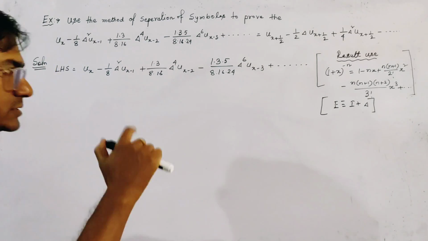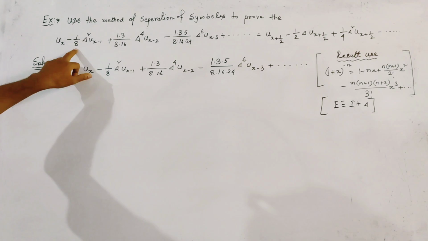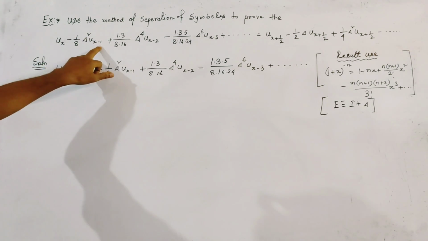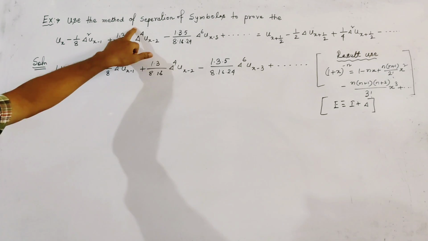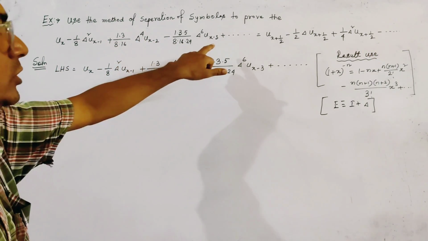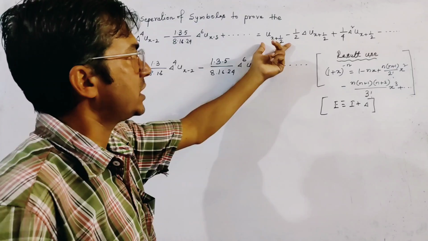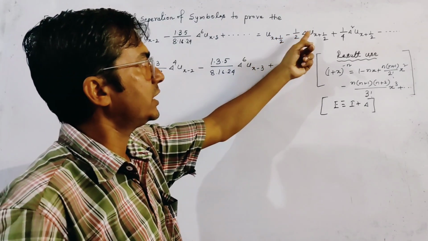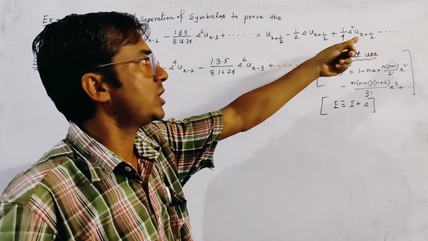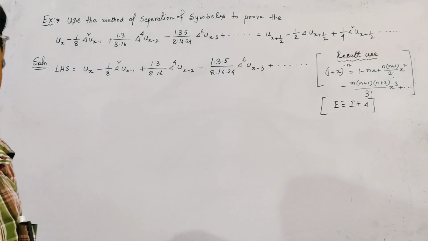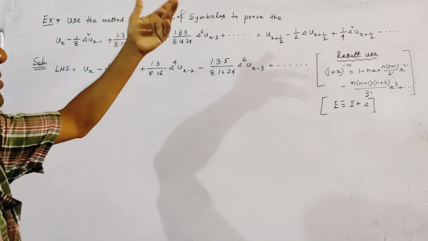The relation is: u_{x-1} minus 1/8 delta squared u_{x-1} plus (1·3)/(8·16) delta to the power 4 u_{x-1} and so on. We have to prove that this is equal to u_{x+1/2} minus 1/2 delta u_{x+1/2} plus 1/4 delta squared u_{x+1/2} minus and so on. We have to prove it by the method of separation of symbols.